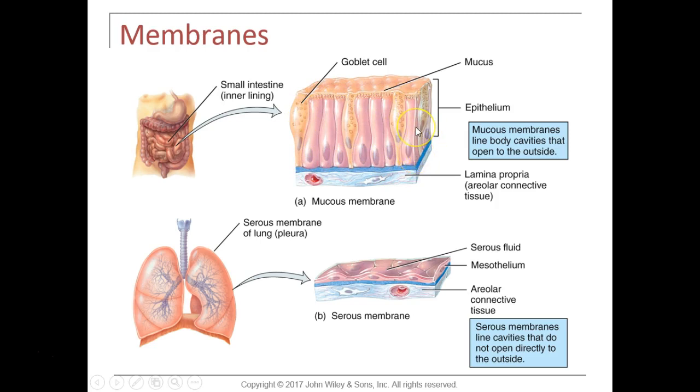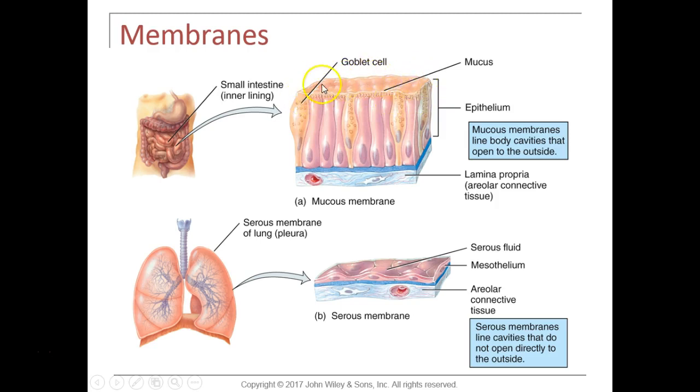We have a mucous membrane that lines the respiratory tract. On the inside of your trachea, we have ciliated, pseudostratified, columnar epithelium, which also contains these goblet cells, which secrete mucus to the surface.